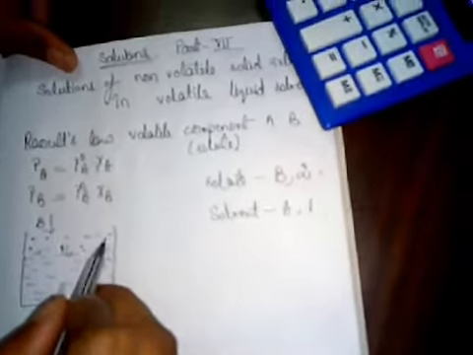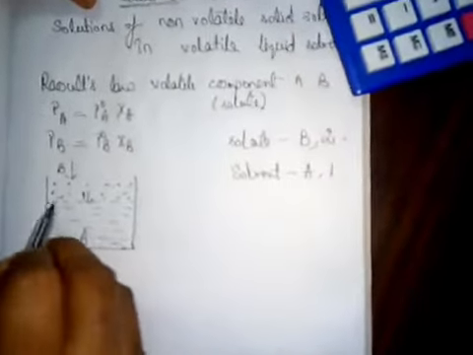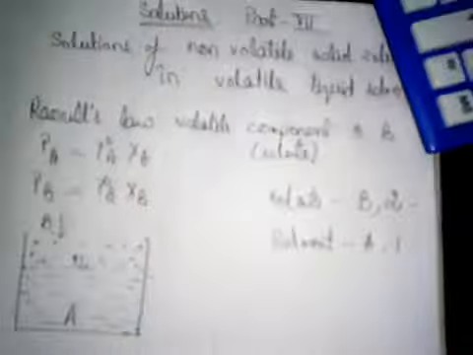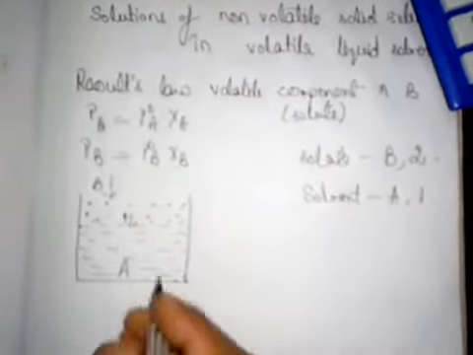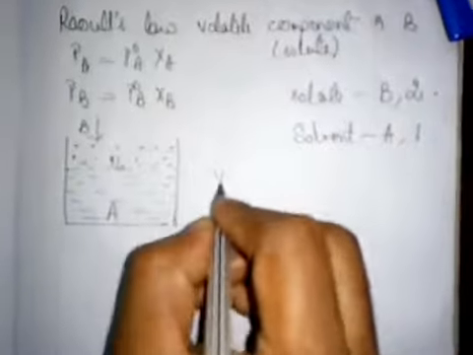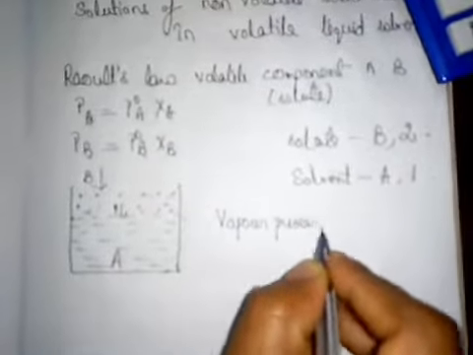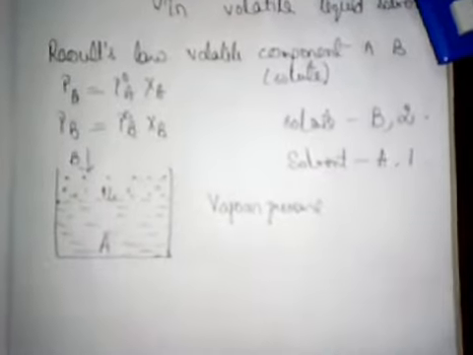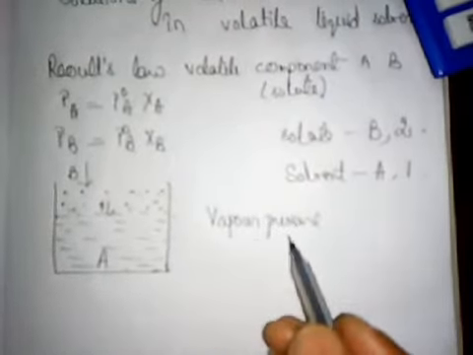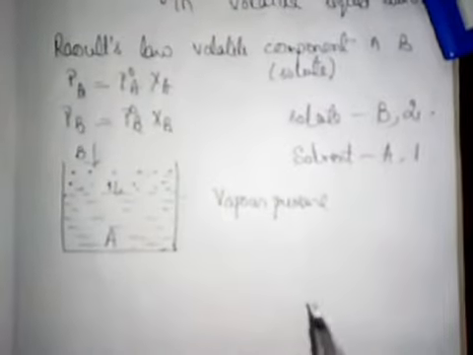Now these vapors are exerting some pressure on the surface of the liquid A. This pressure in equilibrium is called the vapor pressure. As the name itself suggests, the pressure due to vapors of the liquid in equilibrium is called the vapor pressure.